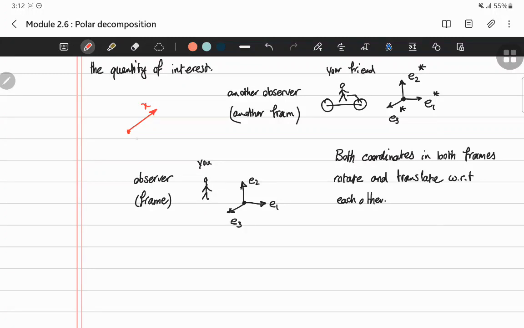Therefore, we call this x frame dependent or non-objective, and this 1 meter or ds or whatever you call it is frame independent or objective. It's an objective quantity.